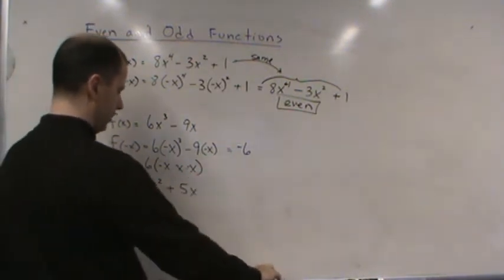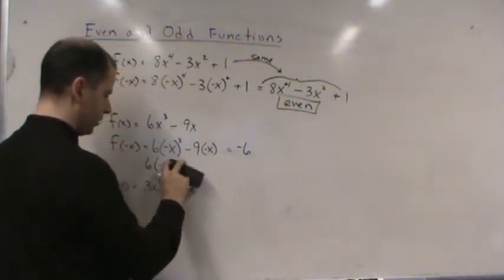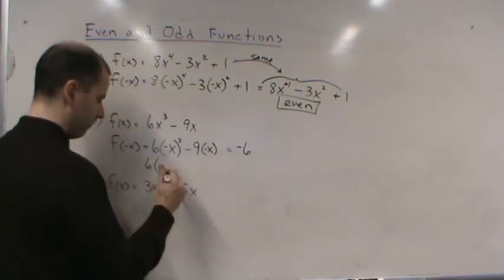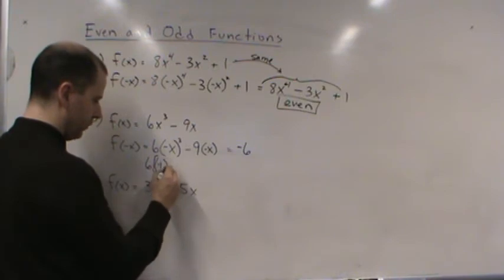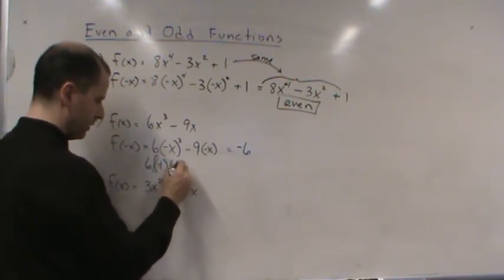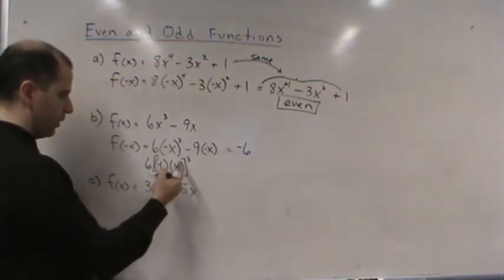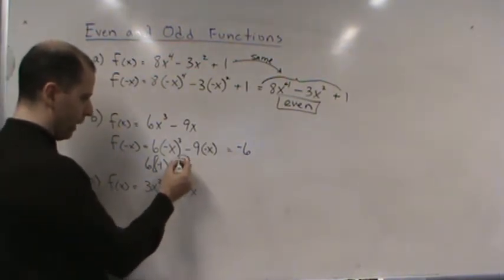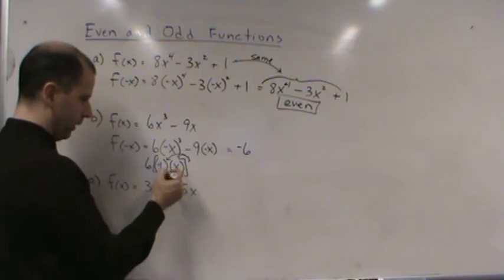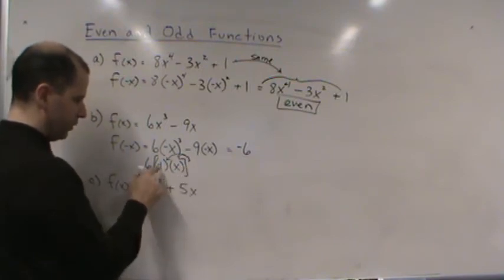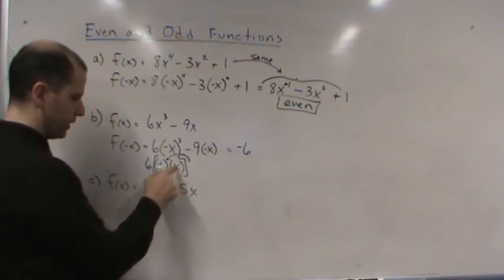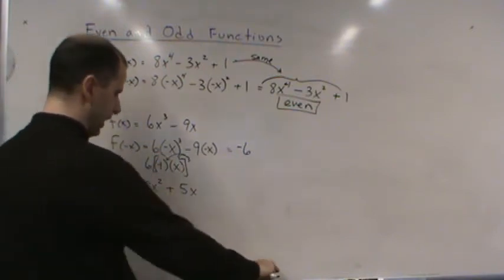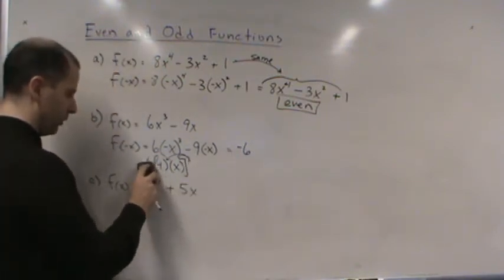Or another way to think about it is negative 1 times x raised to the third power. Then you can use the power rule and distribute the 3, and you get negative 1 cubed, which is negative 1, and then x cubed. So you still end up with negative x cubed.